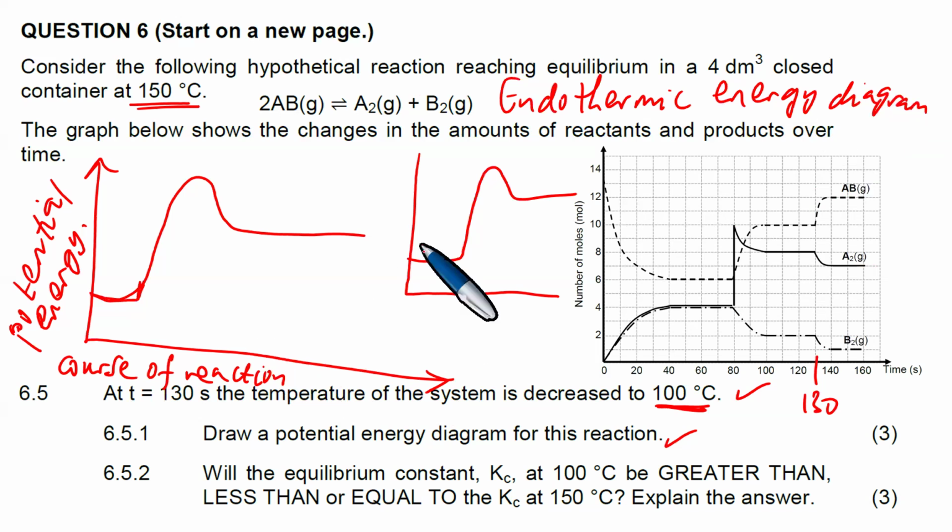Endothermic energy diagram. So if you have A plus B, C plus D, and then here we have what we call the transition step.